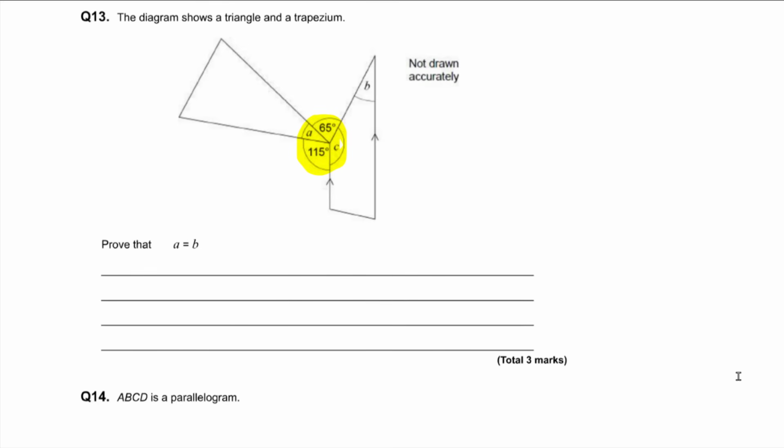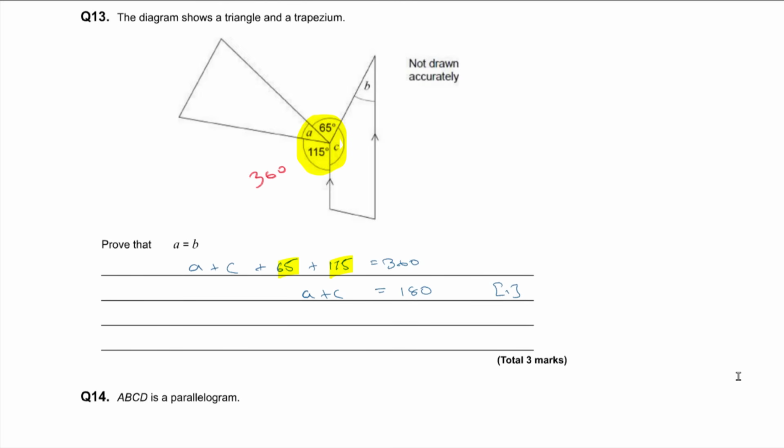So then I can say that A plus C plus 65 plus 115 is equal to 360. Adding 65 and 115 gives 180, doesn't it? So that means that A plus C is equal to 180. Okay, so that's one equation that I know.